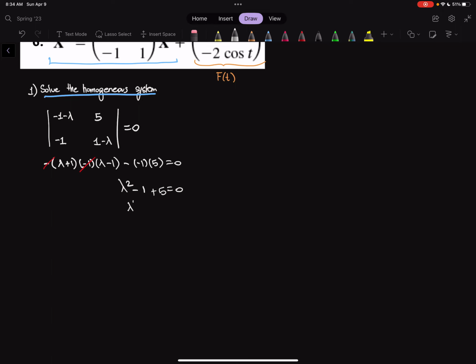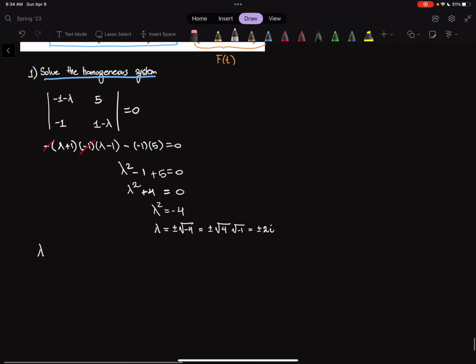And now I simplify. So that's lambda squared plus 4 is equal to 0, which means lambda squared is equal to -4. Okay, so I take the square root of both sides, and I get plus or minus the square root of -4, which I can rewrite as plus or minus the square root of 4 times the square root of -1, which is equal to plus or minus 2i.